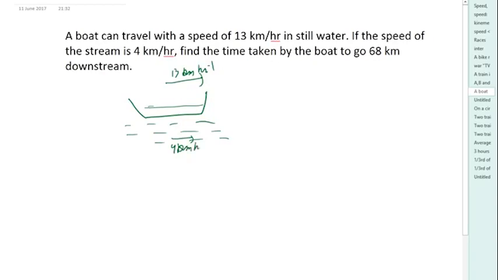Of the stream. When they mention downstream, they mean with the stream. When the question mentions upstream, it means against the flow of the stream. So in English also, there are phrases like that, like flowing upstream or tailwinds and headwinds.